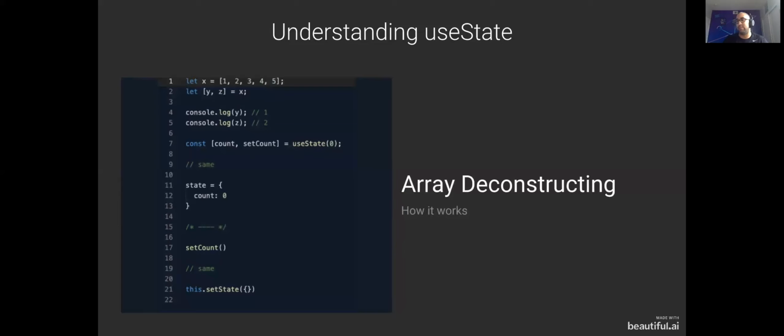Using that same logic, we're taking 2 variables out of the useState function, which returns an array. The first value is the state of count, and the second value is the set state of count. So you can initialize it with a value of 0, count becomes 0, and then you have setCount, and you use that function to set a new count state.